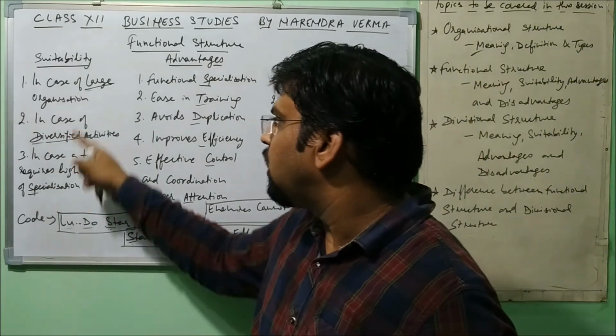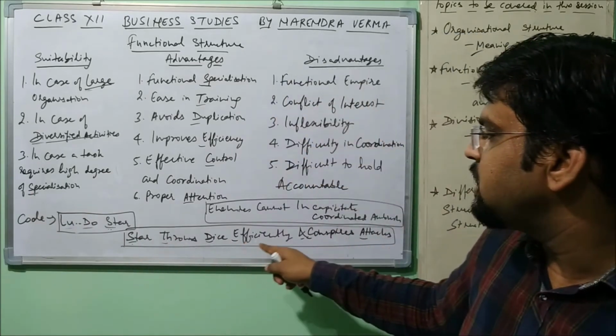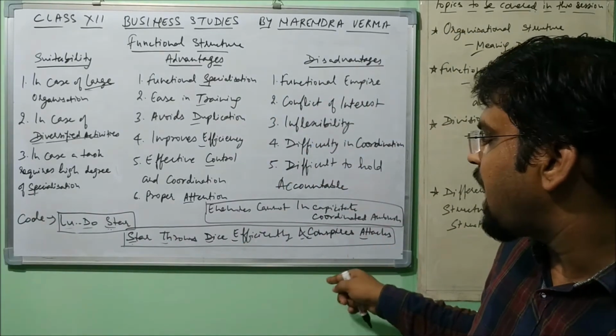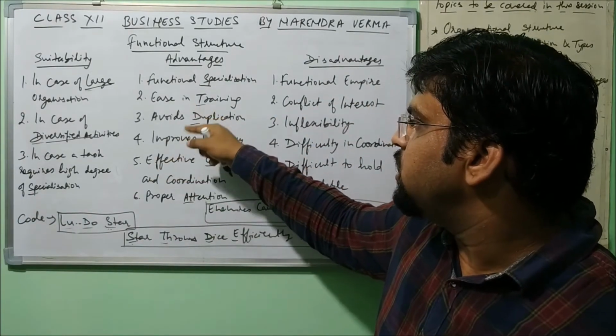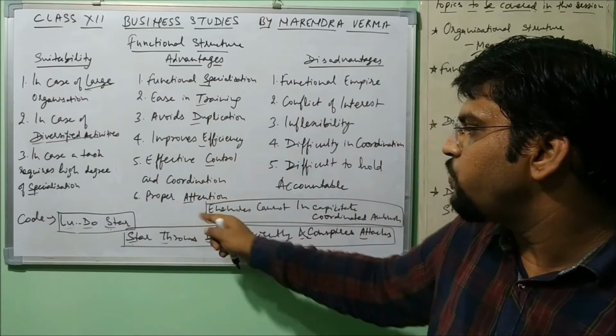Ludo Star, large organization, diversified activity, specialization. The star throws dice efficiently and conspires attacks. Functional specialization, ease in training, avoids duplication, improves efficiency, effective control and coordination, and proper attention.